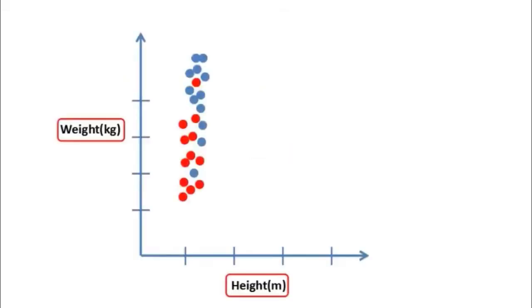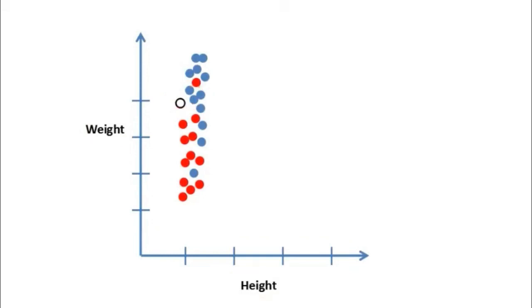Simple and intuitive, right? Well, not so much, because actually it looks something like this, where height in meters is small and in a very narrow range, while weight in kgs is in large magnitude and more spread out. Now use KNN to predict gender. If k equals 3, then by KNN it is 100% male.